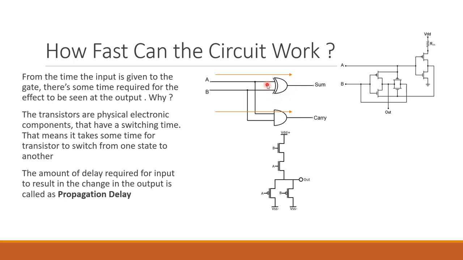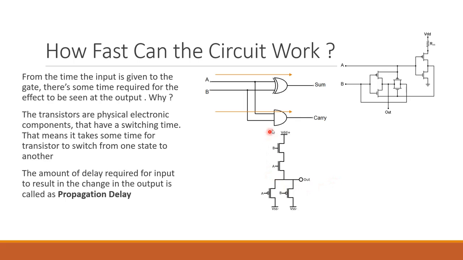And that delay happens because these gates are made up of transistors. I think most of you would have studied transistors, at least in your first year's course or even in college, so I think you all know the basics and I won't delve into them.